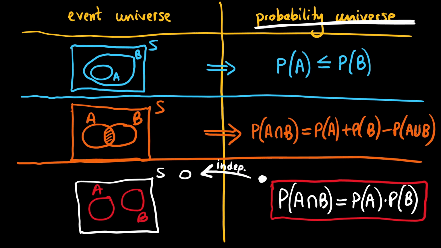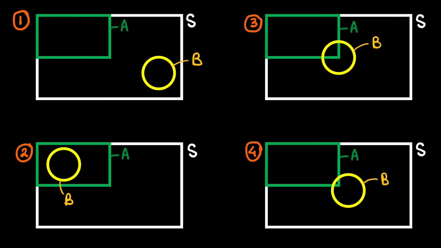So let's explore that. I have drawn here 4 identical sample spaces and 4 identical events A and an event B that has the same unconditional probability, right, the same area in each of these 4 sample spaces, but the position of event B differs, and hence how event B and A interact differs.